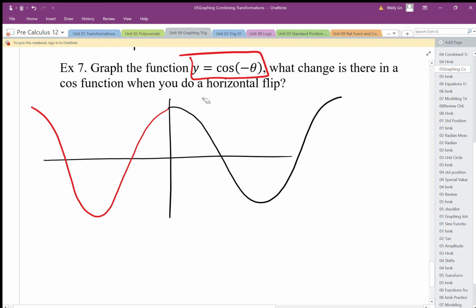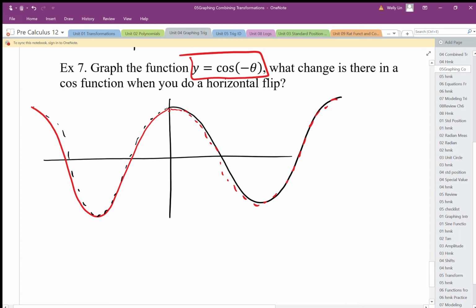Well, is there really a change? Well, no, because if I continue graphing this red graph, it just follows the original cosine graph. If I continue drawing the next period of the cosine graph, it just follows the cosine of negative theta graph.